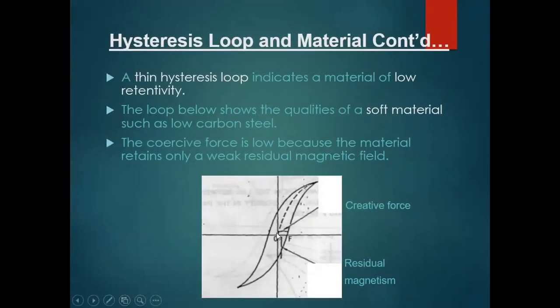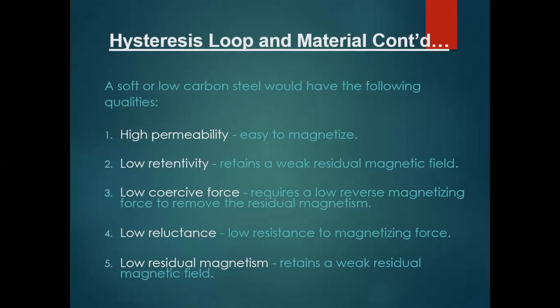Now look here: this is a very thin hysteresis loop and saturation is high, meaning a highly permeable material. Low carbon steel is a highly permeable material. So based on the pattern of the hysteresis loop, we need to identify which is the high permeability material and which is the low permeability material. We can understand this with the help of this graphical representation.